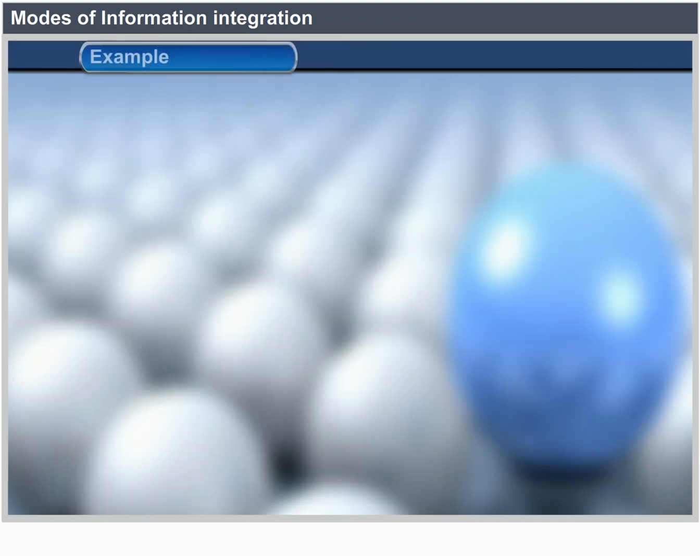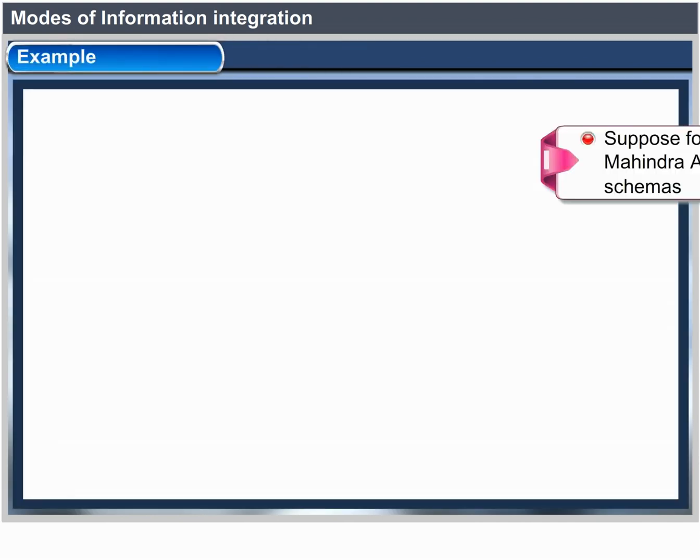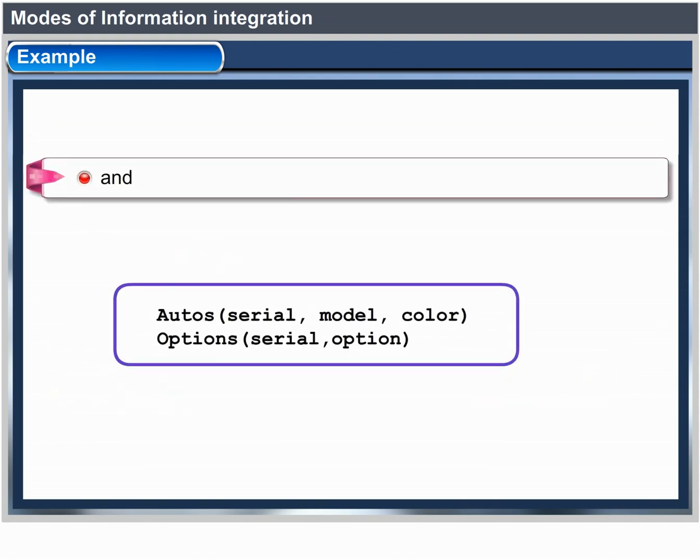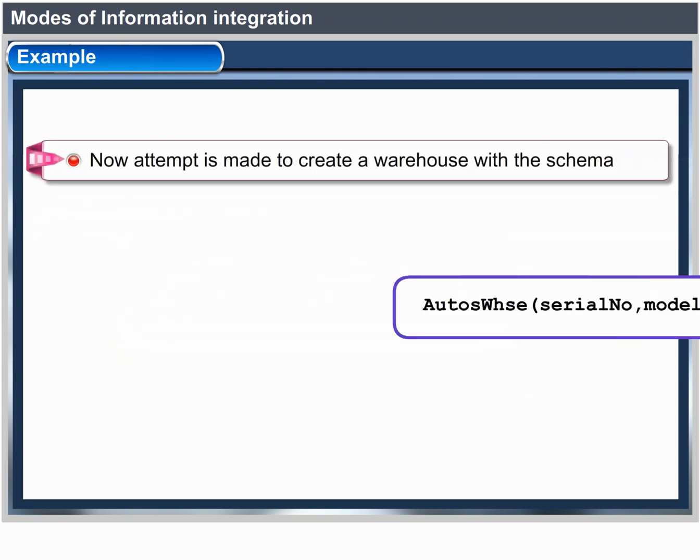Example: suppose for simplicity that there are only two dealers in the hardware system and they respectively use the schemas, and we wish to create a warehouse with the schema.